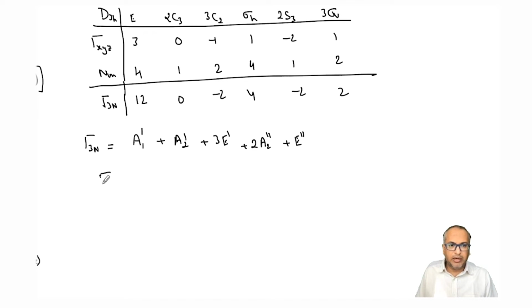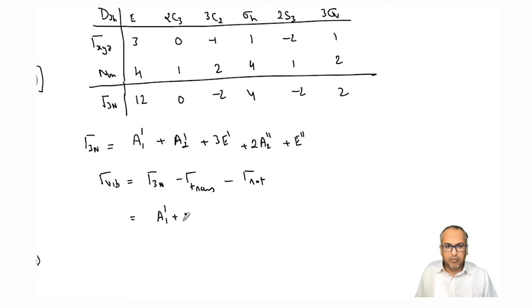Now from here I can calculate tau vibrational, which will be tau 3n minus tau translational, which will be all XYZ, and tau rotational, all Rx, Ry, Rz IRs, right? So this leaves A1 prime plus 2E prime plus A2 double prime. So this is the procedure to obtain the symmetry of all the normal modes of vibration.